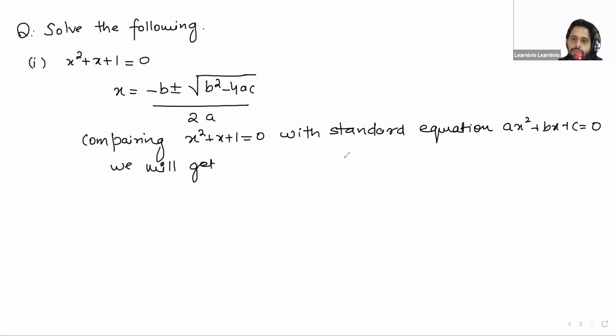We will compare with this. So we will get a is equal to 1, b is equal to 1, c is equal to 1. This clear, Safan? Yes, sir.